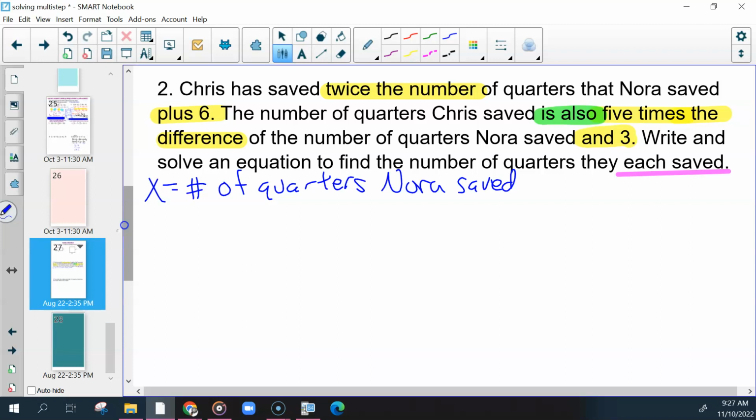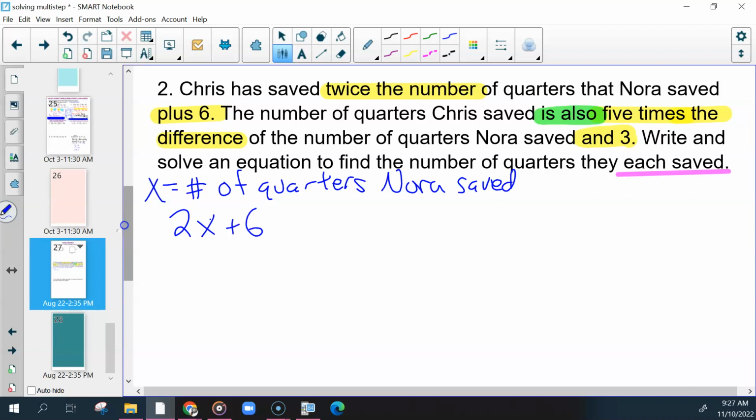Alright, so we defined our variable. Now let's put our equation together. Twice the number plus 6. How would we write that part? Okay.